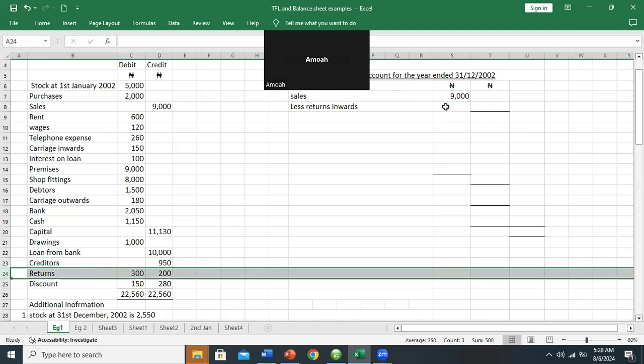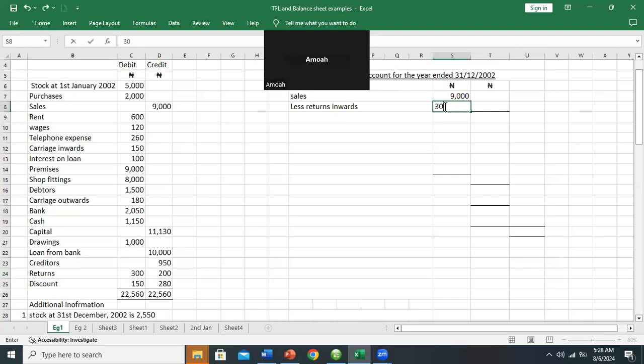The one at the debit is the return inwards because return inwards has a debit balance. So 9,000 less 300, the net sales will be 8,700.